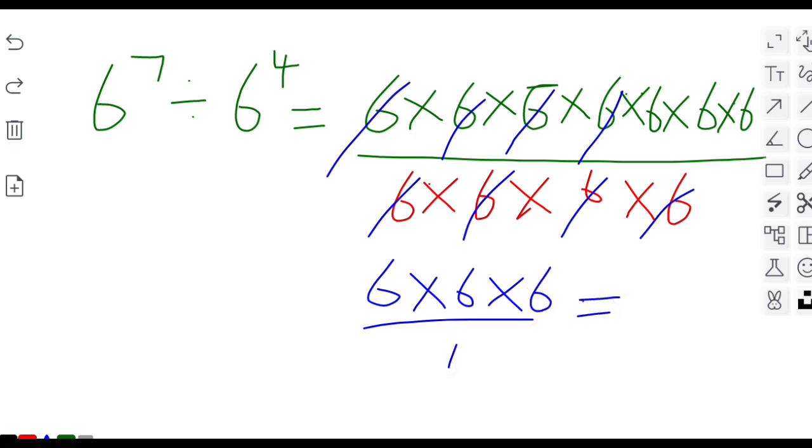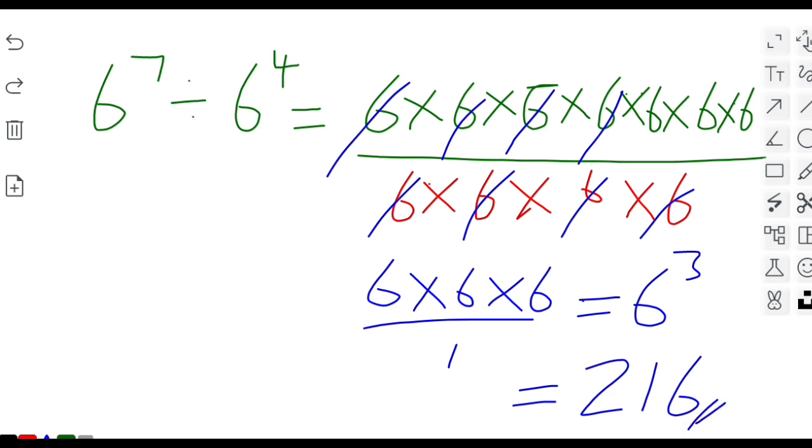So this implies that 6 is raised to the power of what? Of 3. Now, writing my answer in expanded form, I'm going to be having 6 times 6 times 6. That is 6 in 3 places. And my final answer is going to be 216.